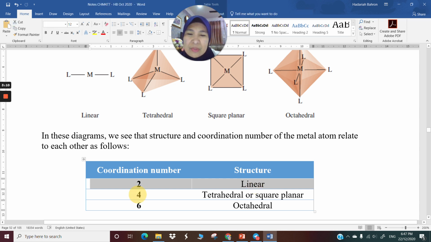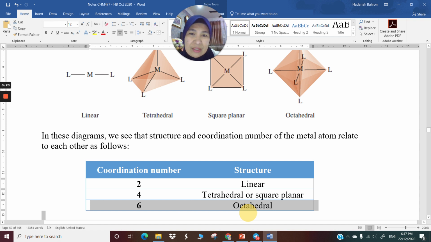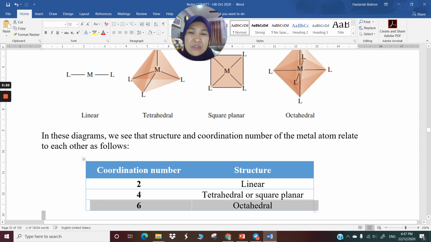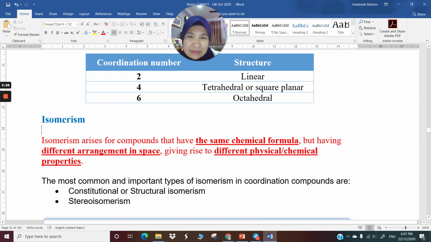When the coordination number is 4, you get either tetrahedral or square planar structure. But if the coordination number is 6, you get octahedral geometry. Now that is the common thing about structures of coordination compounds.